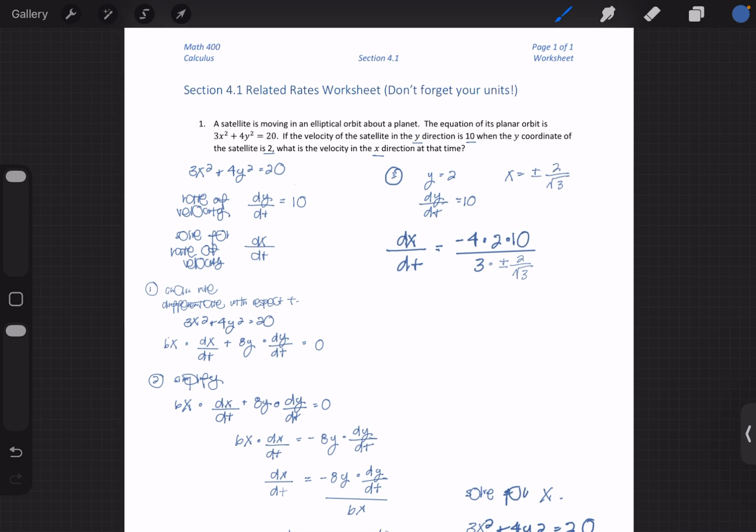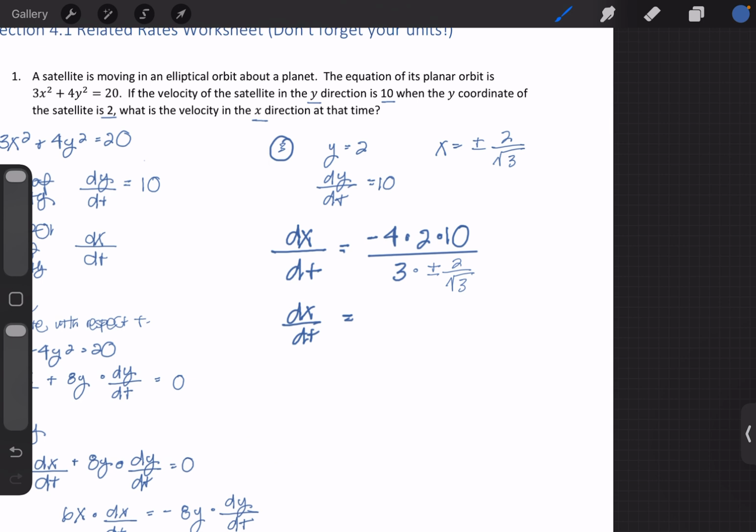Okay, so dx over dt is then going to be equal to negative 4 times 2 times 10.